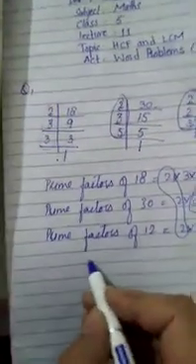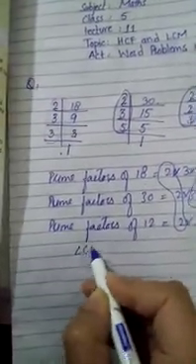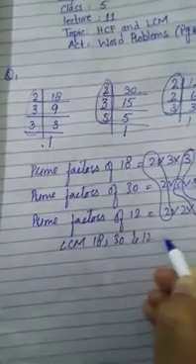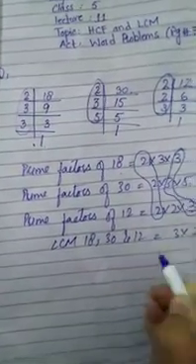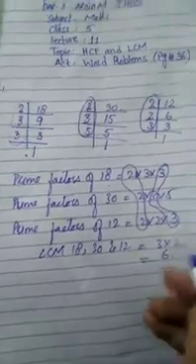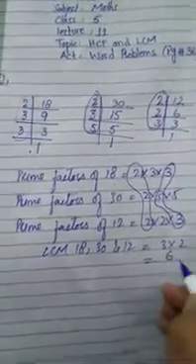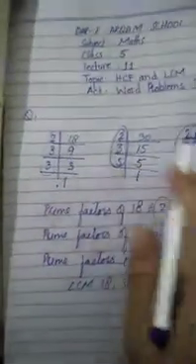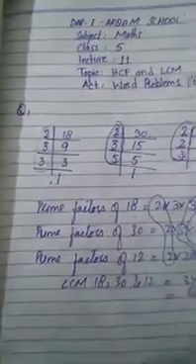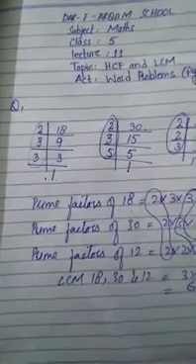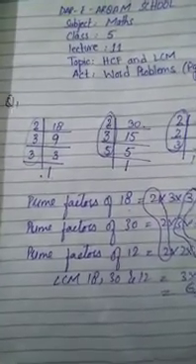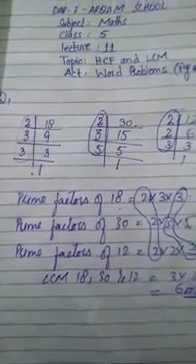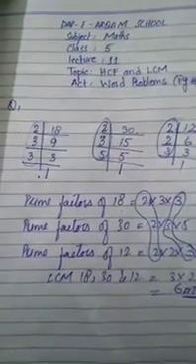You will get the answer for 18, 30 and 12, that is 3 multiplied by 2. So 3 twos are 6. So 6 meter. I am mentioning the unit meter because all the 3 values are in meter. So 6 meter is the length in which the carpenter wants to cut all the 3 pieces, so there is no wastage of wood. Okay, this is how you have to solve question number 1.